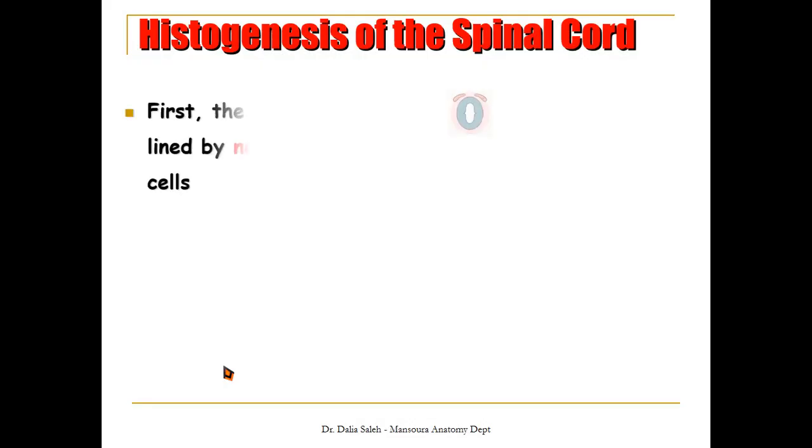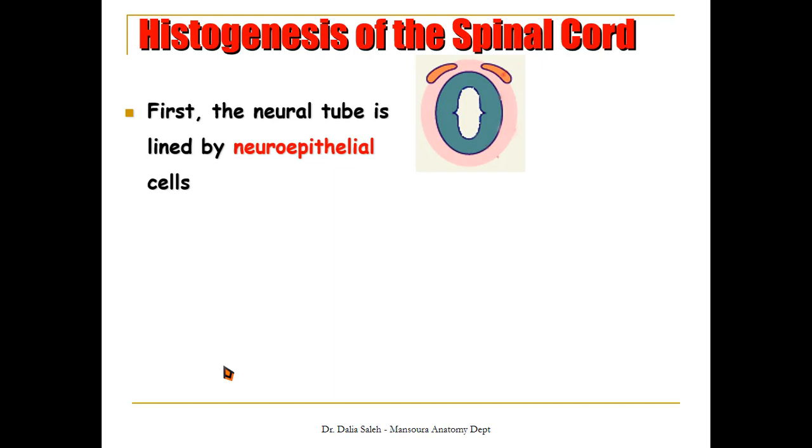For the histogenesis of the spinal cord, let's see first the components of the neural tube, or the cells that are present in the neural tube. It's formed by what's called neuroepithelial cells. So these are the neuroepithelial cells surrounded by cells from the mesoderm, and these are the neural crest cells here.